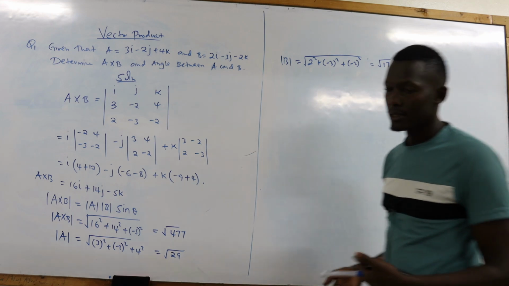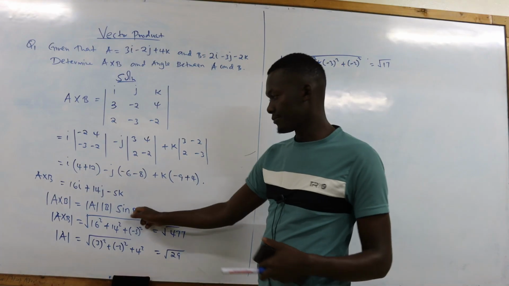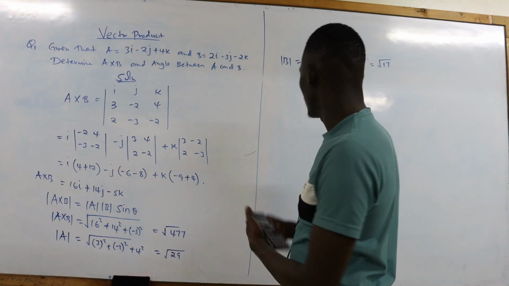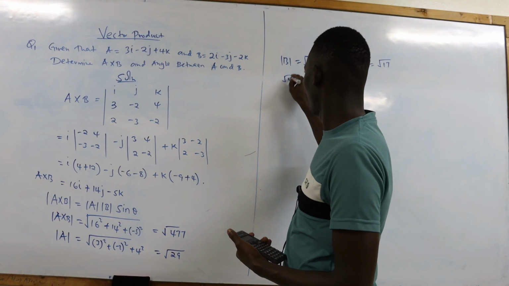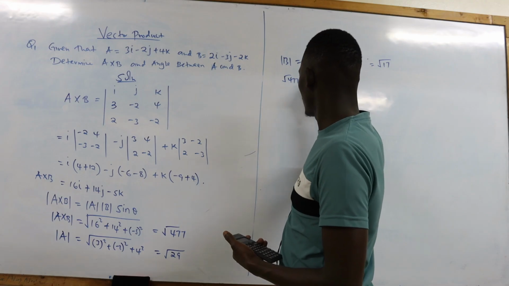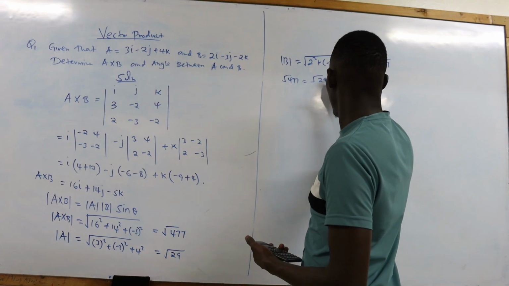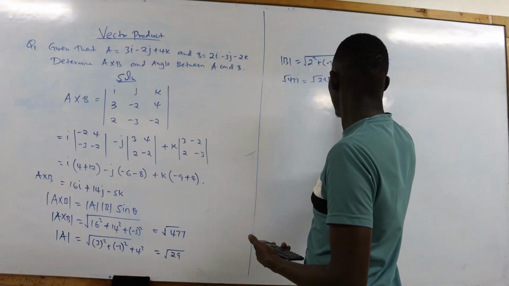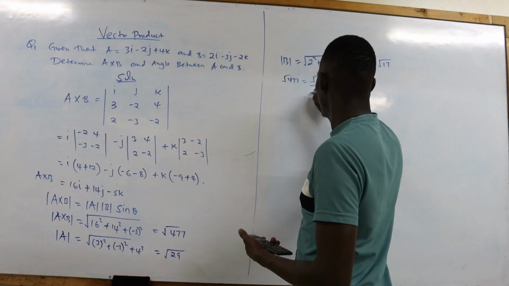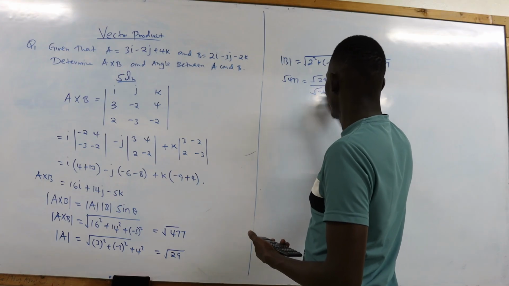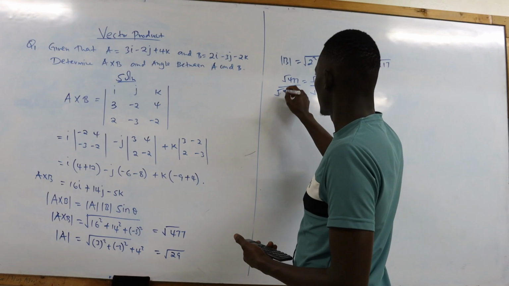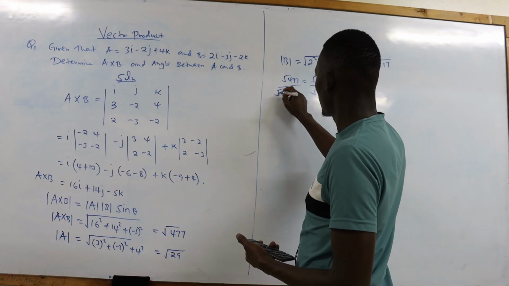I now just replace it in the formula that we have. So the magnitude of A cross B, the root of 477, equals the root of 29, the root of 17, sine of theta. So again, divide by the root of 29 and the root of 17.